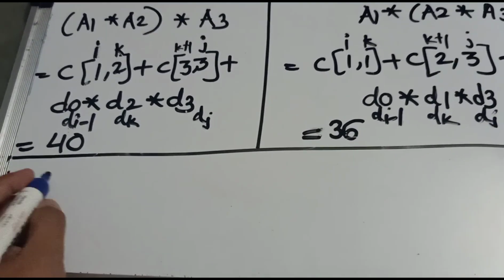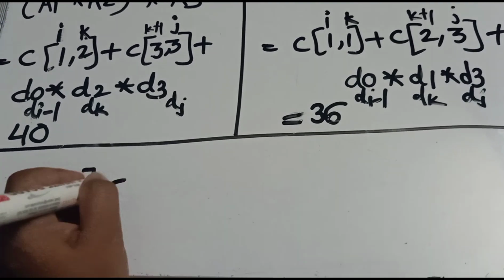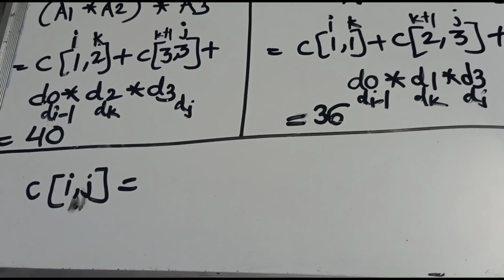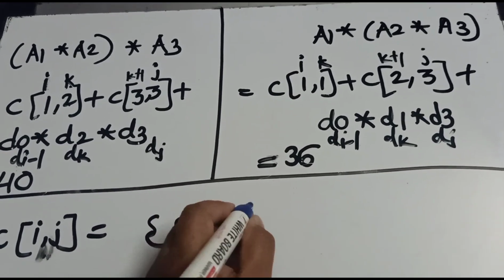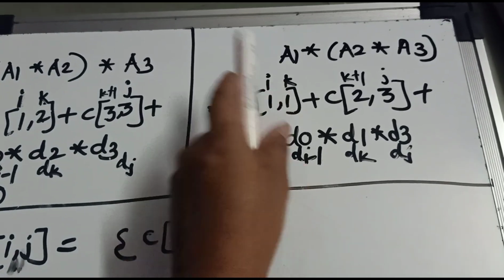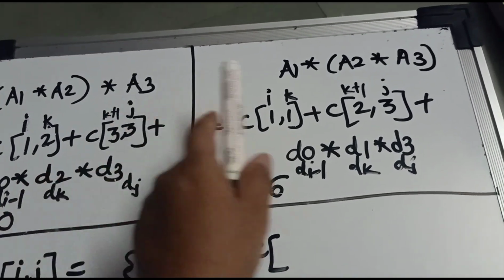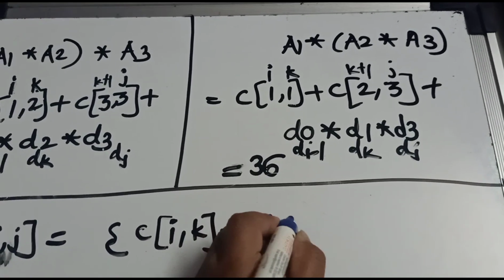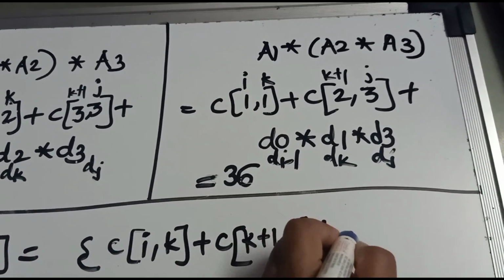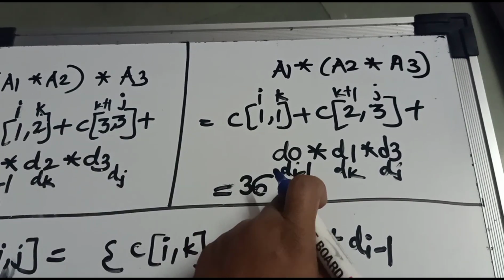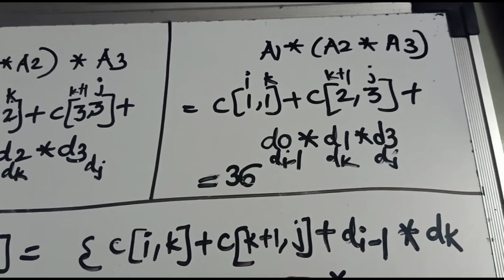So we can write down the formula here. For finding the cost of i comma j, I require c of i comma k, plus c of k plus 1 comma j, plus the first dimension d of i minus 1, into dk, multiplied by dj.